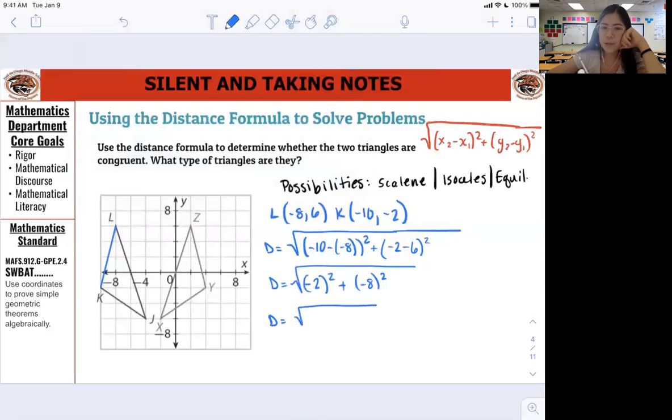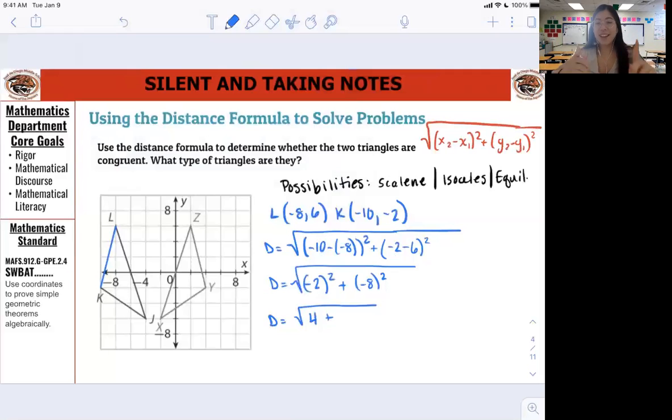Okay, -2 squared is 4. What about -8 squared? What? 196, what is that? 16? No, try, okay.